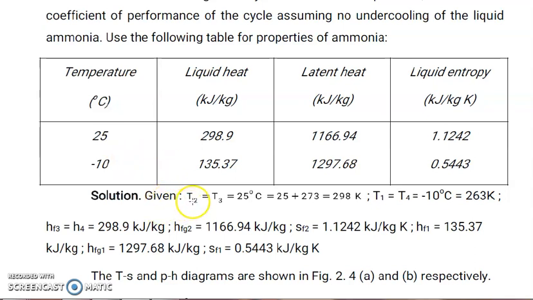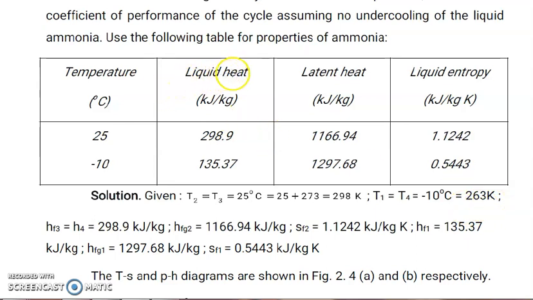So we can write T2 is equal to T3, 25 degrees Celsius. You have to convert degrees Celsius to Kelvin, then 25 plus 273 will come 298 Kelvin. T1 is equal to T4, minus 10 degrees Celsius, then plus 273 will come 263 Kelvin.